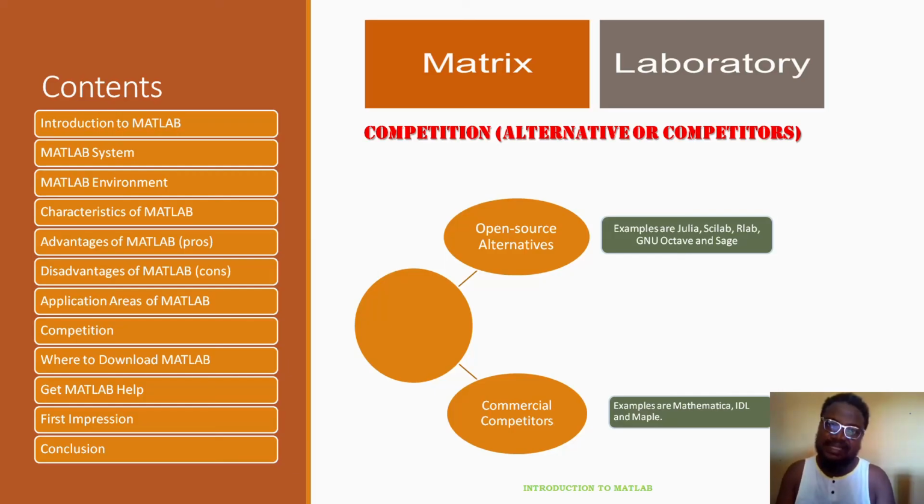Among other languages that treat arrays as basic entities, that is, array programming languages, are X language, APL, Fortran 90 and higher versions, as well as the statistical languages R and S.